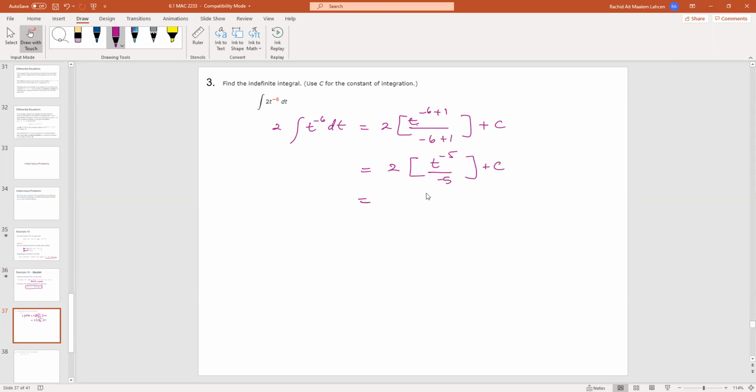So it looks like we have 2 times this plus c. There are a few ways to write it, or c minus, because you may see it this way, so let's write it also this way. There are a few ways to write this, or -2/5.